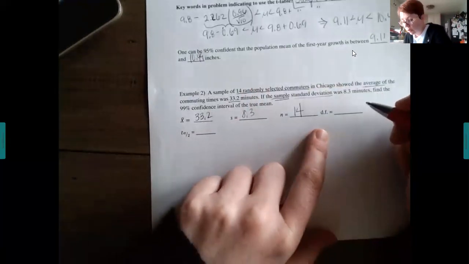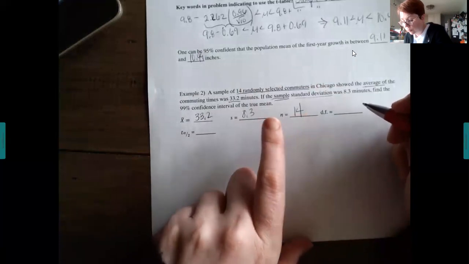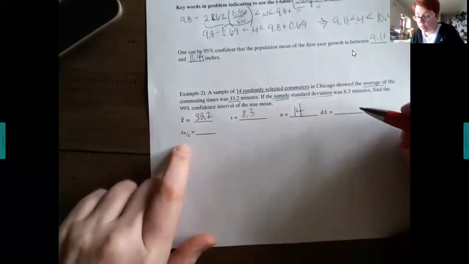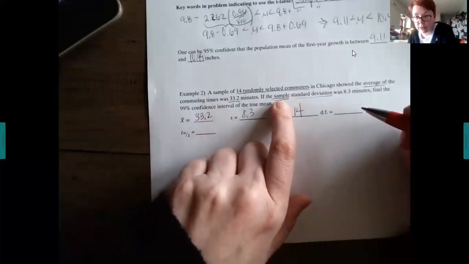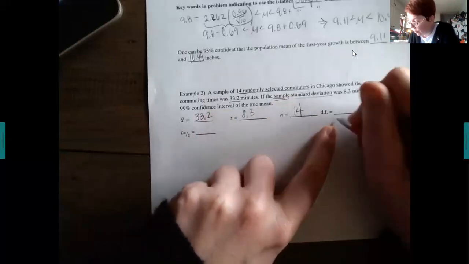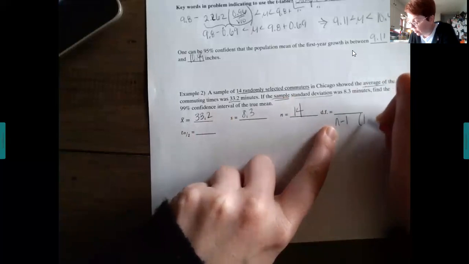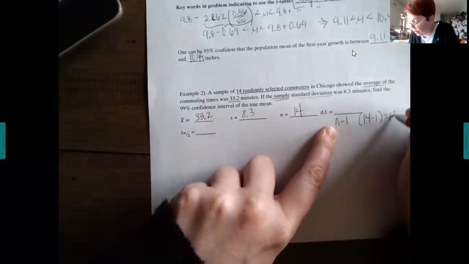So you're going to have to use degrees of freedom and that t-score value because we have a sample standard deviation. So degrees of freedom is n minus 1. So 14 minus 1 gets us 13.